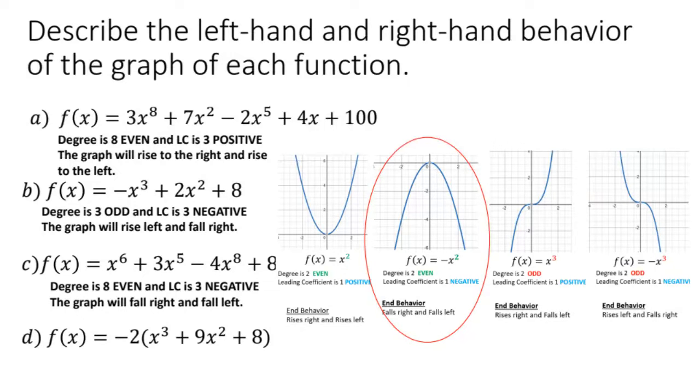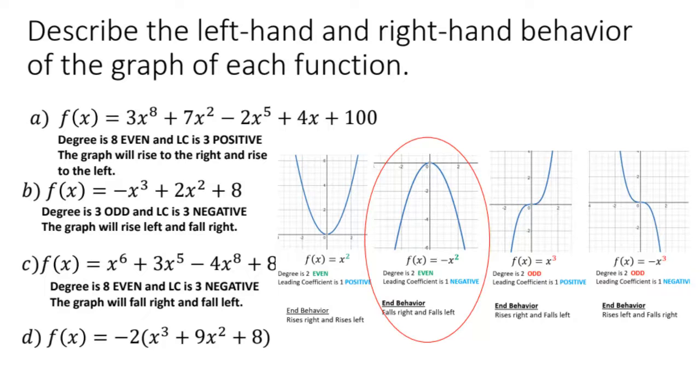All right, what about D? Our last example. What would be the degree of our polynomial here, or our function? So we can see that our degree is 3, right? So this is an odd function, but we got to be careful. They factored out a -2. So to find out what the leading coefficient is, we would have to distribute that -2 back into the polynomial. So -2 times 1 is going to give me a -2x cubed.